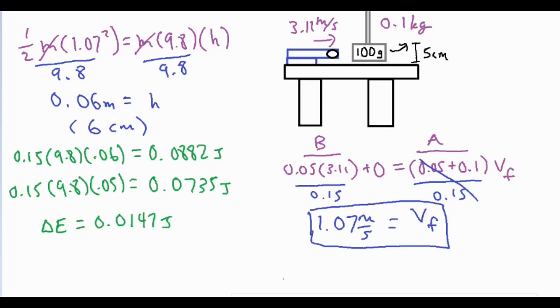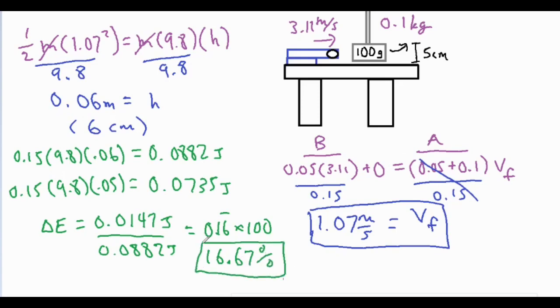So in that case, if we take the amount of energy lost divided by the total theoretical potential energy, that would give us 0.16 repeating, multiply that by 100, so that's about 16.67% decrease in its energy level.